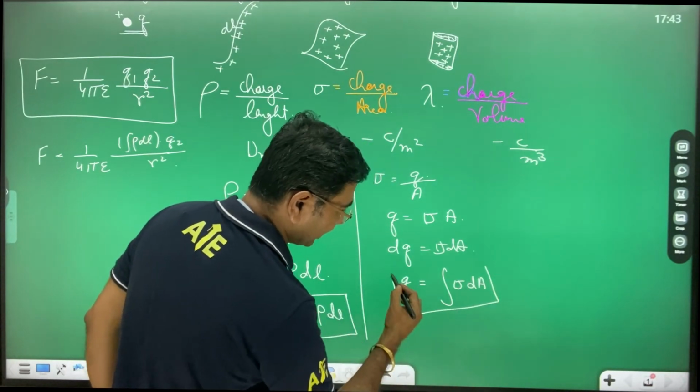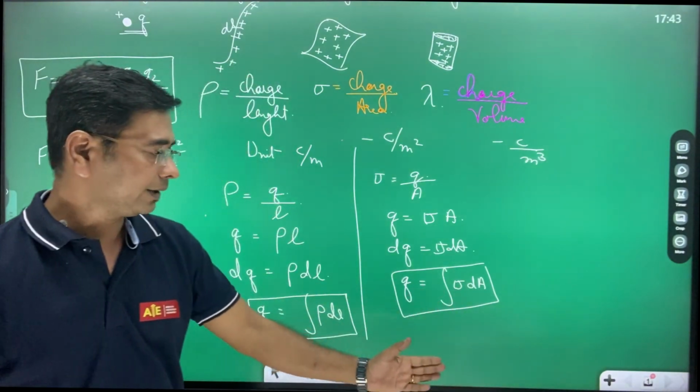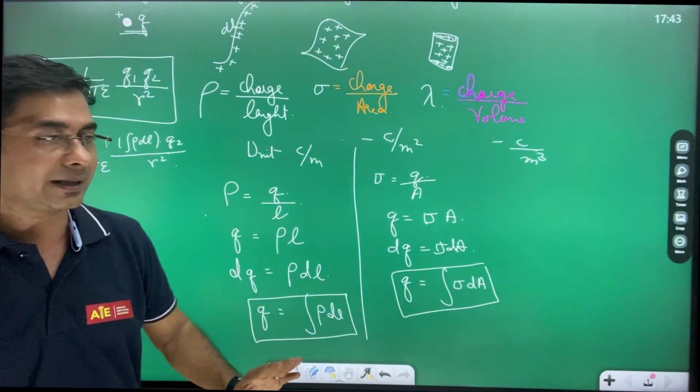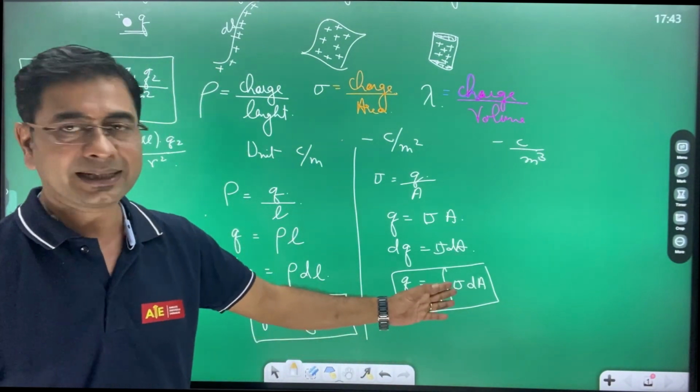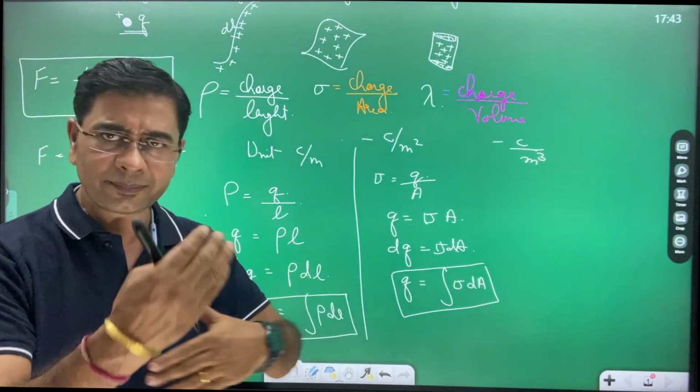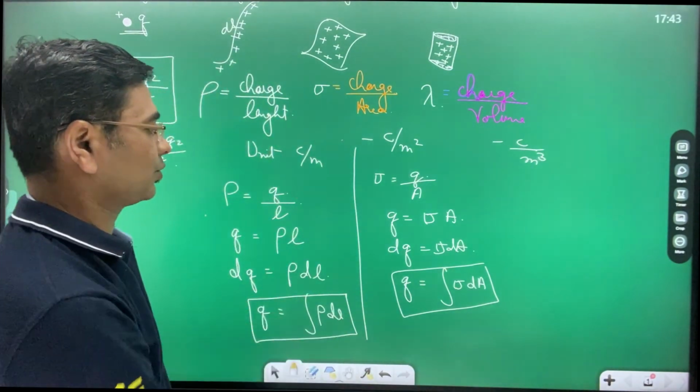So this will be the expression. Replace Q with this integration form and you will get your result, the charge. So the result comes only after integrating, whenever there is a distribution of charges, right? This is called distribution of charges.